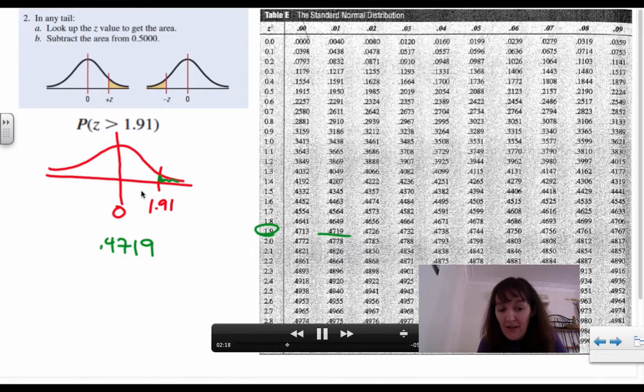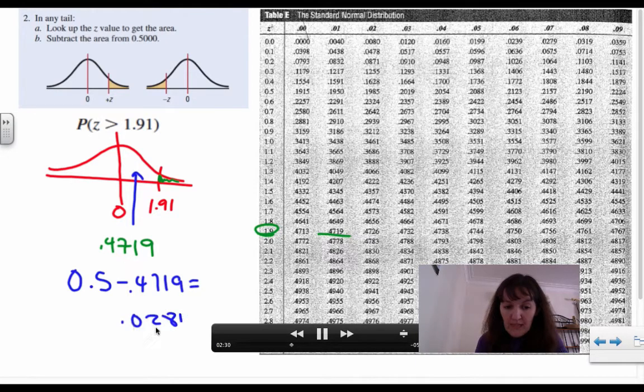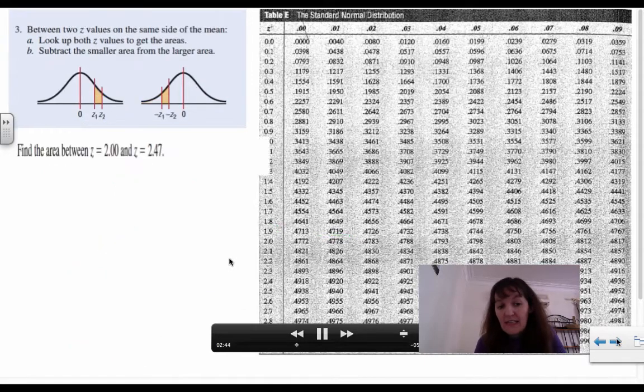This entire half is 0.5, because the whole thing is 1. So I go 0.5 minus 0.4719, and I get 0.0281. So the probability that my z-score is greater than 1.91 is 2.81%. So that's the second one. Again, these are fairly simple, but you have to make sure you use the right method.